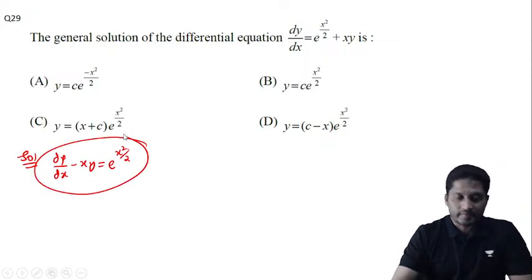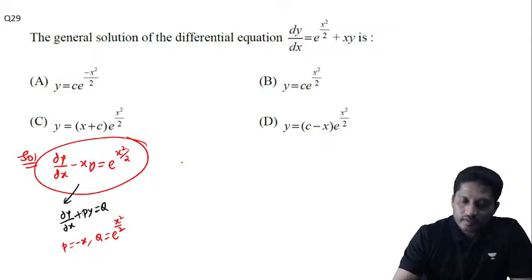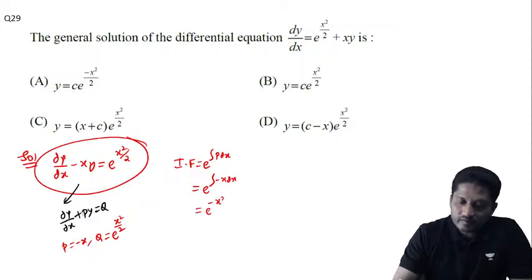Right, now this is dy by dx plus py is equal to q. That p is equal to minus x and q is equal to e power x square by 2. Integrating factor is e power integration of p dx, e power integration of minus x dx, which is equal to e power minus x square by 2.